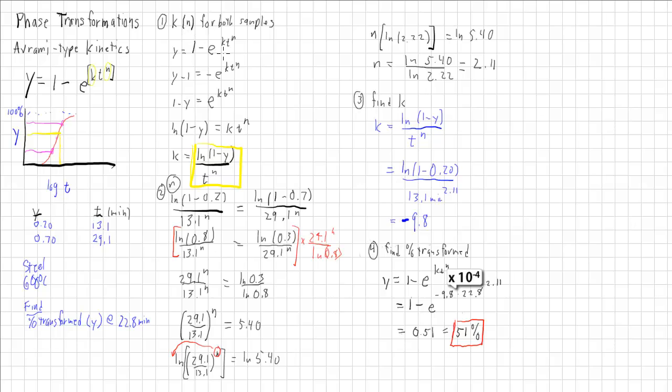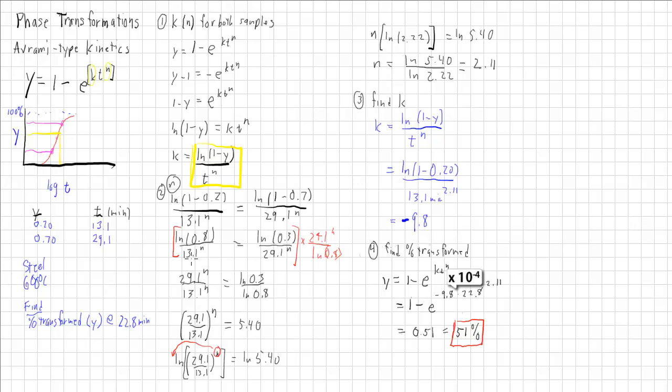But in order to find that, we had to first solve this equation for k, realizing that k was a constant for both of these data points because they're part of the same transformation, and k and n are transformation dependent. We had this expression for k. Well, we could use this expression for k twice, set them equal to each other, and then find n.